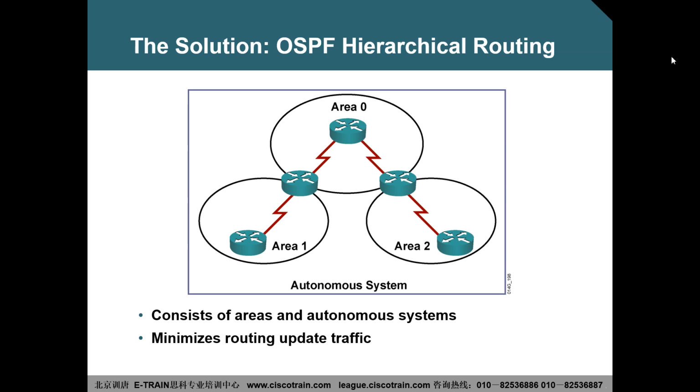For example, area 1 has many networks, hundreds of networks, which is not relevant for area 2 to know. Like I said, you have too much information in Kerala.